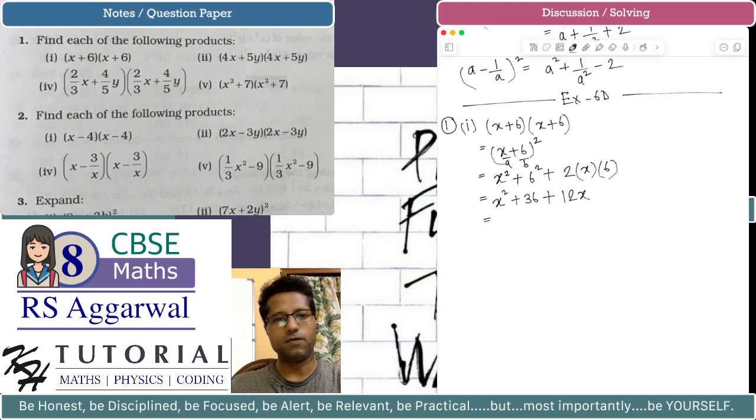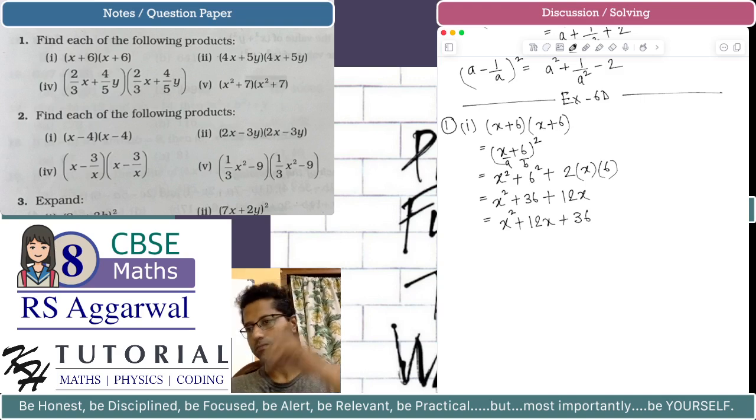Whenever you find the products, it is always recommended that you arrange the terms of the final result, that is the algebraic expression, in descending order of the degrees of the terms. Always write an algebraic expression in such a way that you arrange the terms in descending order of their degrees.